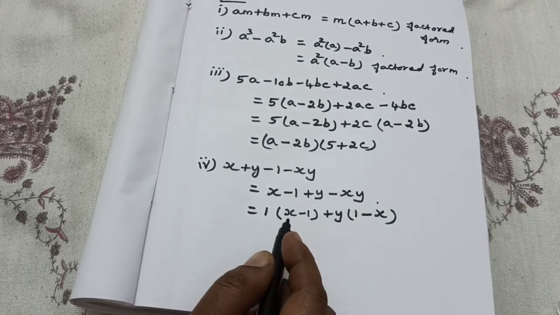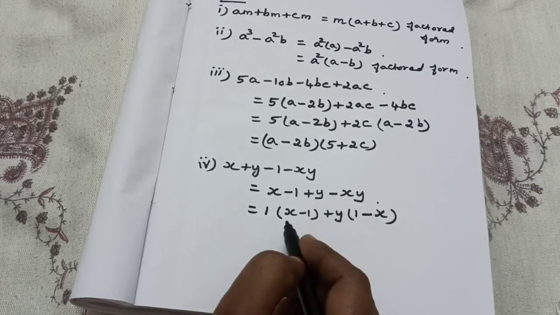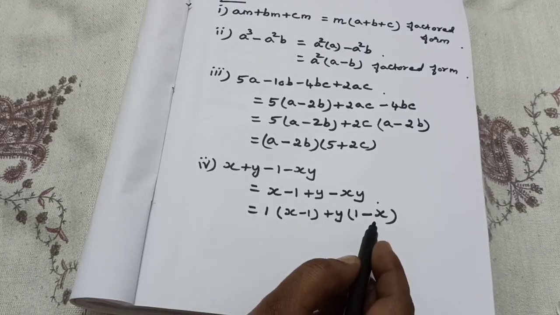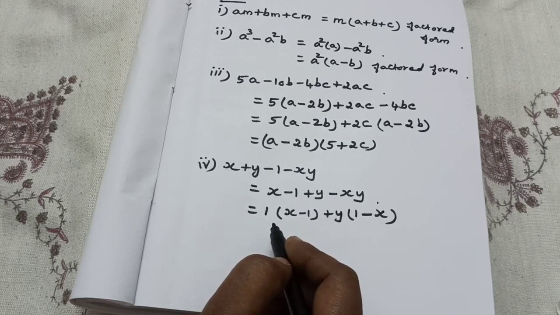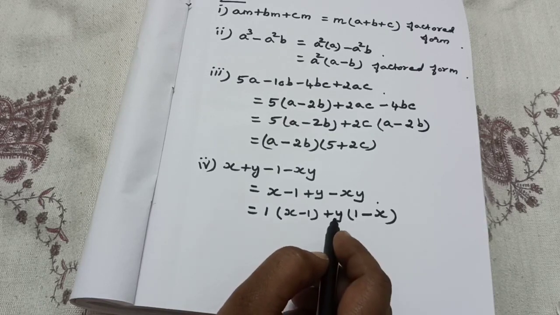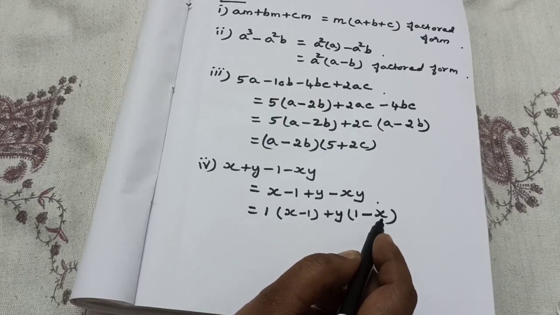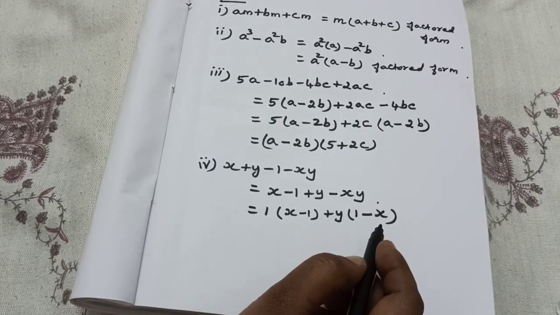Okay? Here this is one term, this one another term. Suppose here any common is there, x minus 1, here also x minus 1 is there, then the common we can take outside. Clear? So, we have to change this sign. Okay? This x first we have to bring, then minus 1. Then next we have to bring.